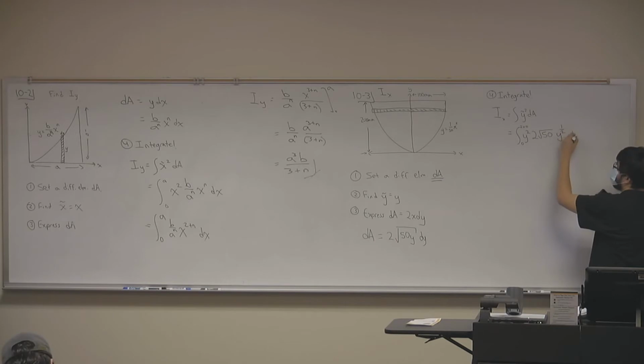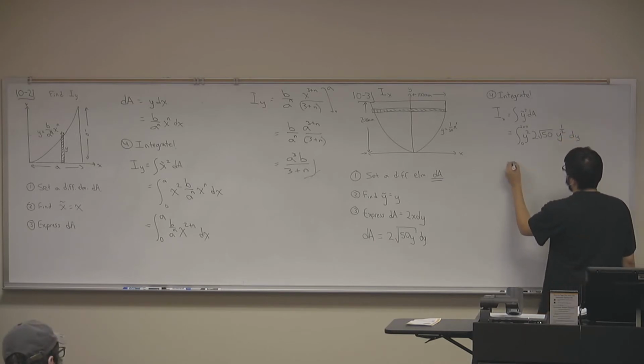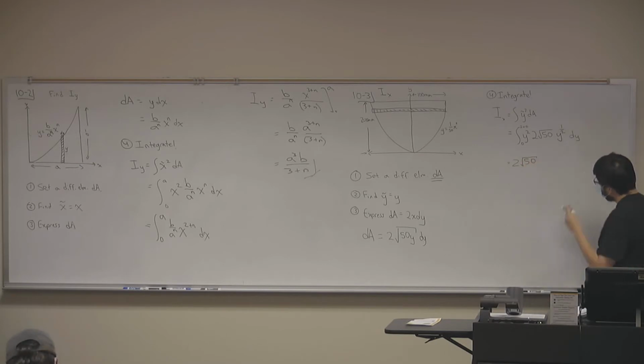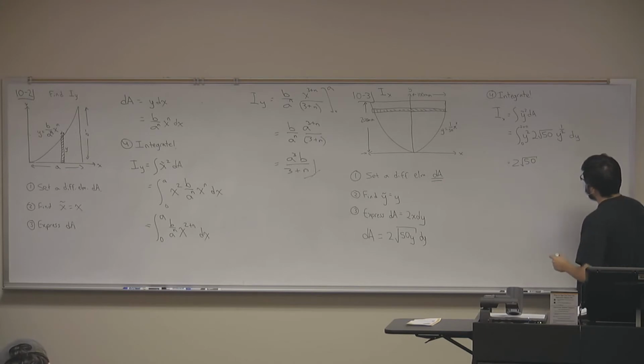And then you can take the 2 root 50 out since they're just constant. Then your 0 to 200 is the same for the integral, and then you can add the y squared and the y to the 1/2 exponents together to get y to the 1/2 over 2.